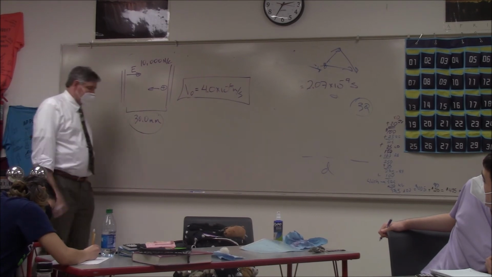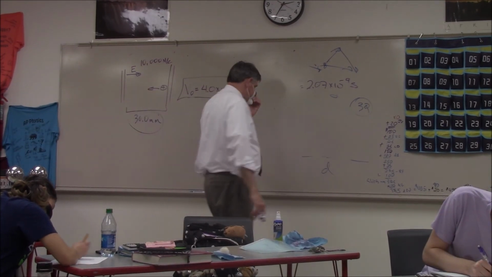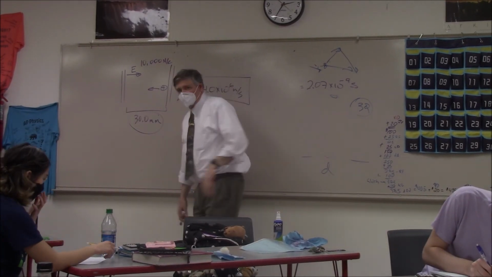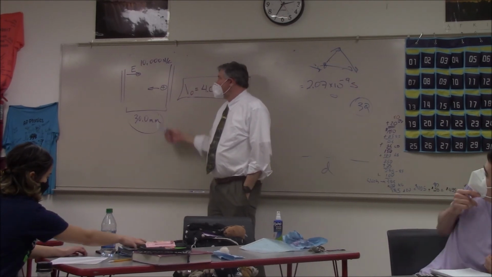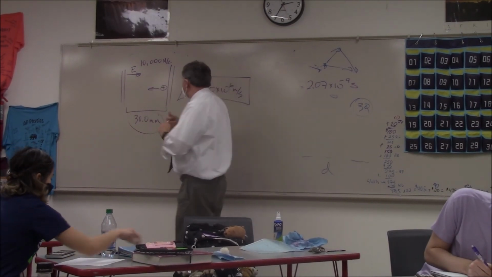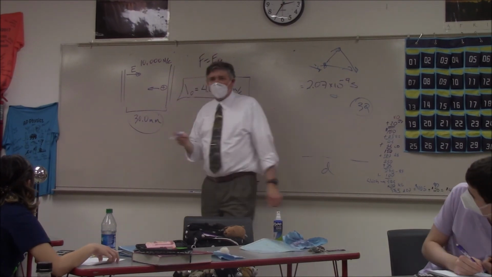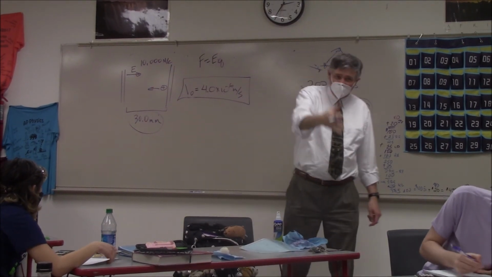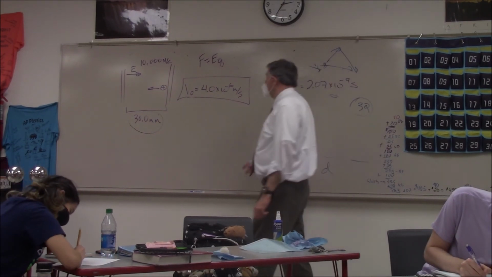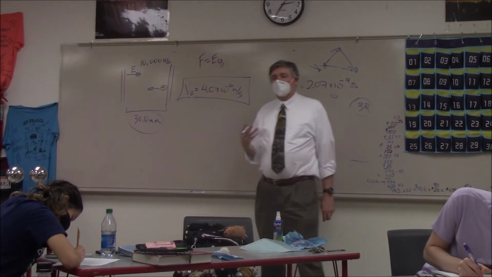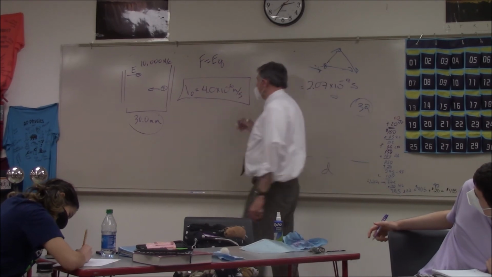So, let's start at the beginning. It's a proton, right? So right away, you know you can use F equals qE to find the value of the force. So this is where it's similar. Once you find the force, what else can you find? You can find the acceleration.